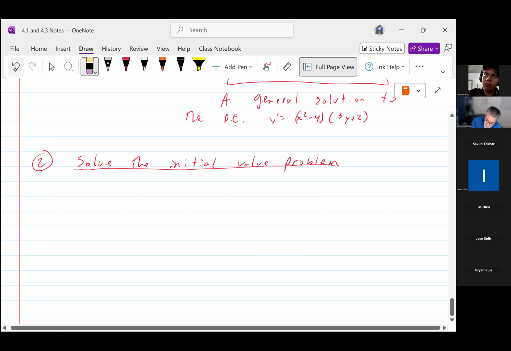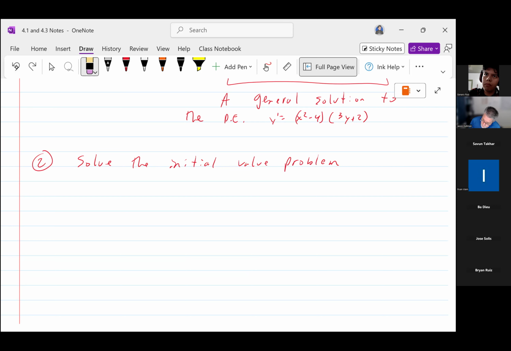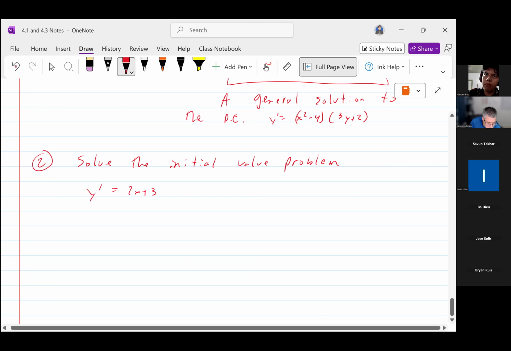Y prime is equal to 2x plus 3 times y squared minus 4, given y of 0 is equal to -1.